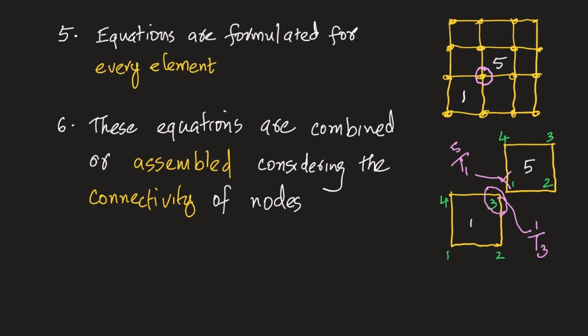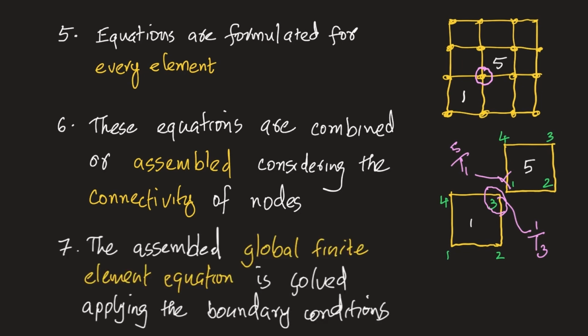We know that these two temperatures, being the same shared node, should be the same. So the equations of individual elements are combined or assembled, considering that the shared node would have the same temperature. That is what we mean by the connectivity of the nodes. Now, the assembled global finite element equation is solved applying the boundary conditions.